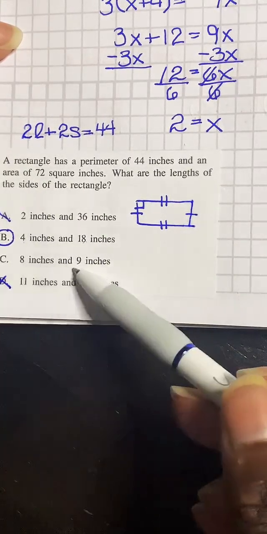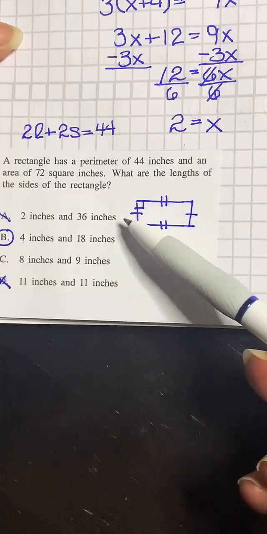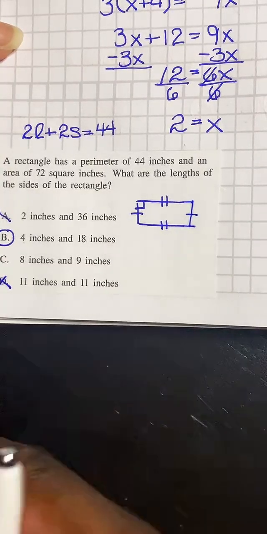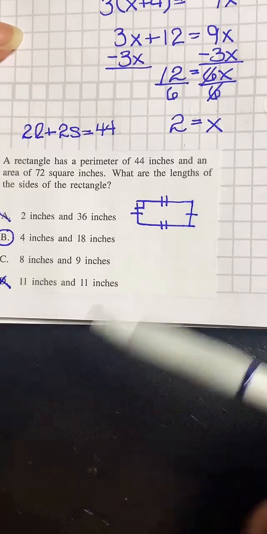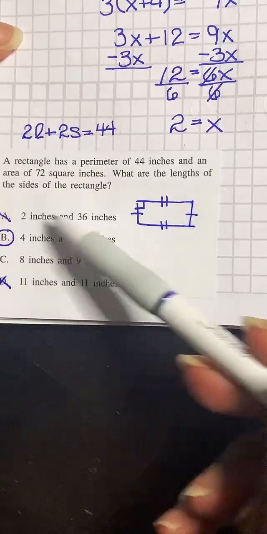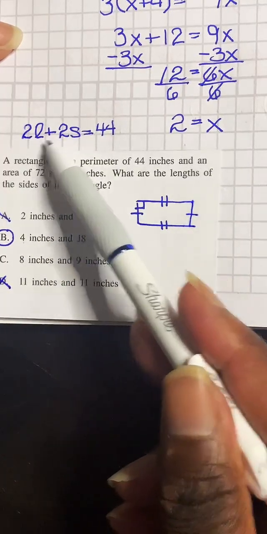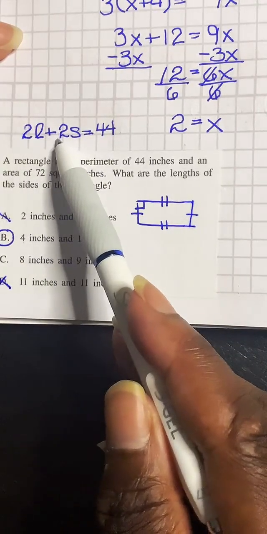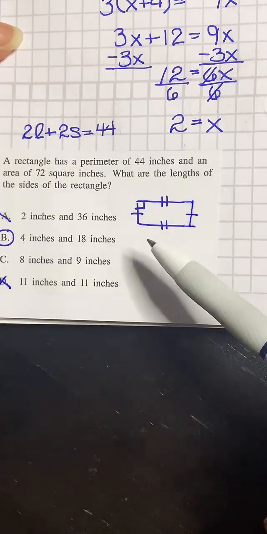So if I multiply these two, the only ones that give me 72 are A, B, and C. So D is out. So now you're going to take your answer choices and plug them into our lovely little formula here. Okay? 2 times the long side plus 2 times the short side equals 44.